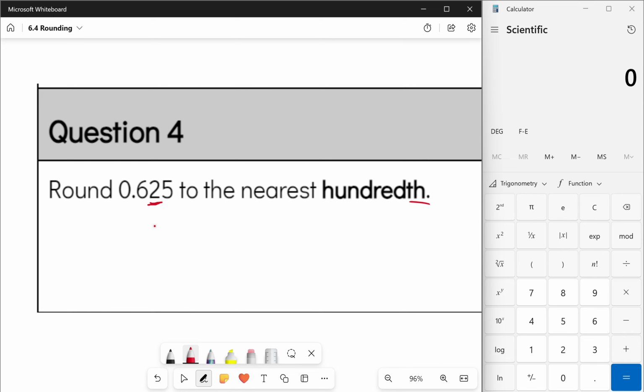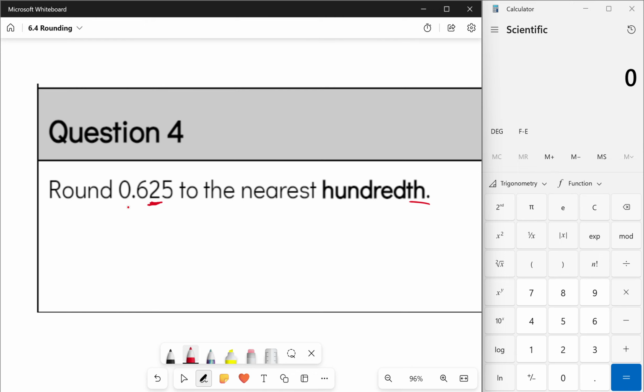And here is the rule. This is what I want us to remember. Everything is going to happen to the number in question, the underlined number, the hundredths, because that's what this question's asking for, but the number to the right of that underlined number is going to tell us what to do with it. We always look to the right, only one to the right, only one. So here's the rule.